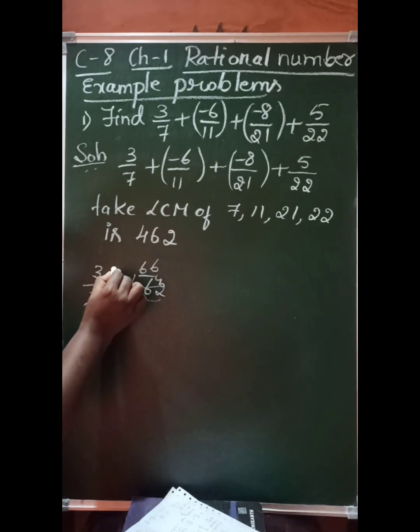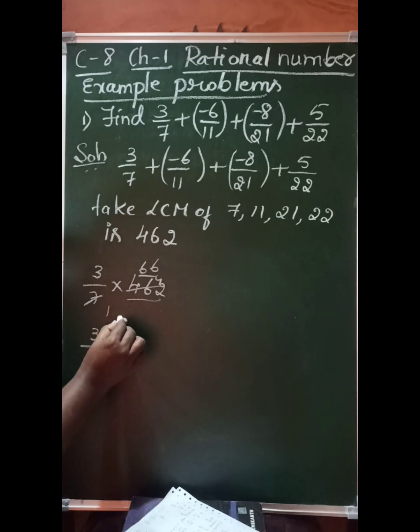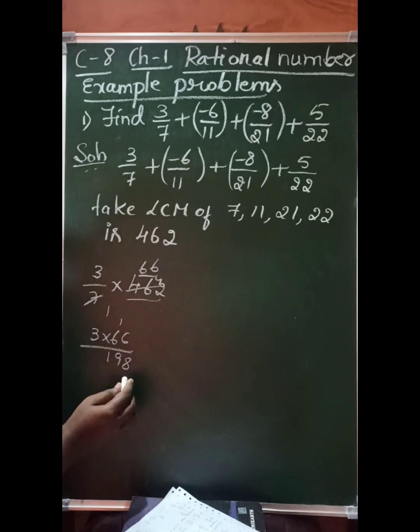So 66 into 3, which is 198. Write 198 in the first numerator.